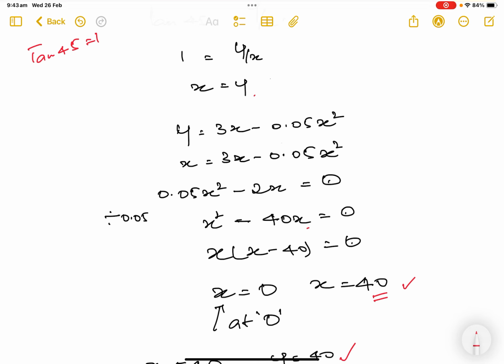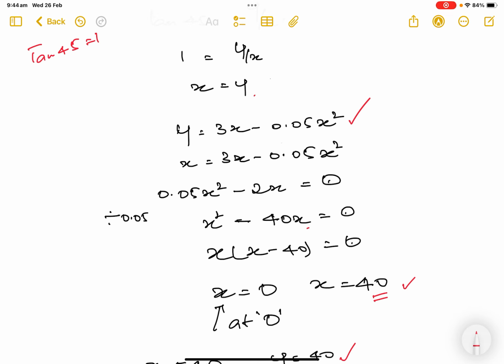We know that y equals 3x minus 0.05 x squared, this is the given equation. Then x equals y, so just substitute x for y. Now we have a quadratic equation in x. If you bring the x squared component to the left hand side, it is plus 0.05 x squared, and if you bring the 3x to this side, it's minus 2x equals 0.